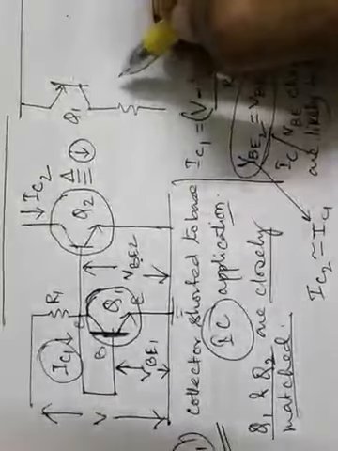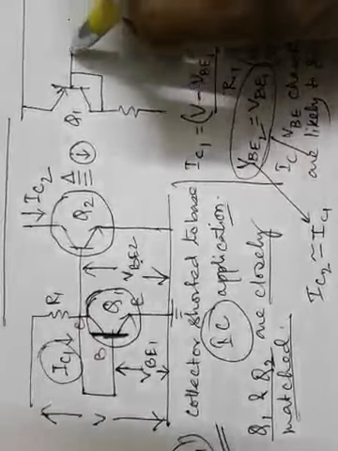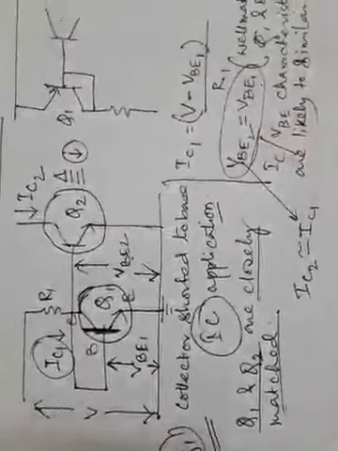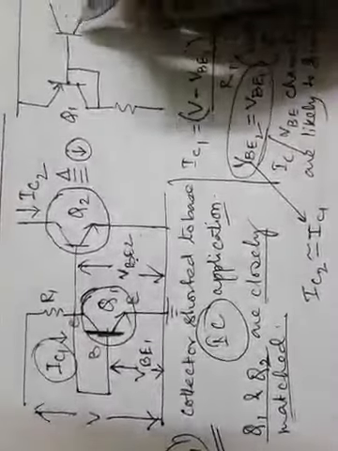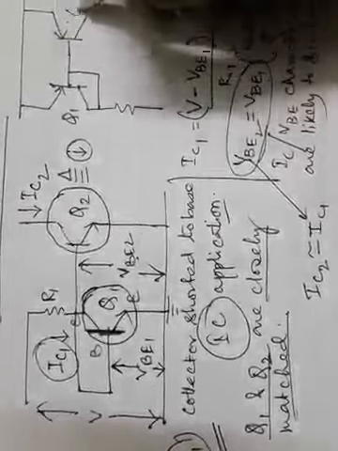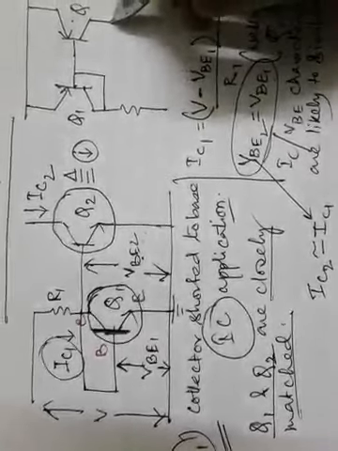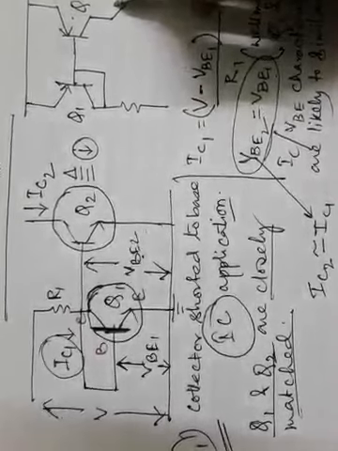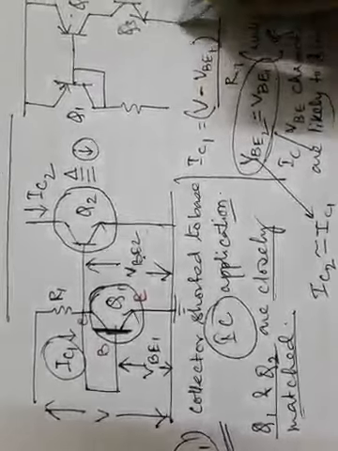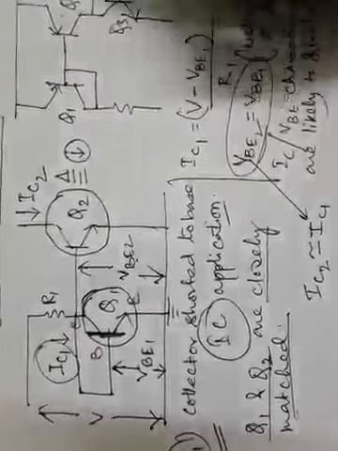One is Q1, whose base and collector are shorted, that means it will behave as a diode, and its base is connected to the base of another transistor Q2 in parallel, and that Q2 is driving another transistor, which is Q3, this one, and Q3 is providing an output from here.